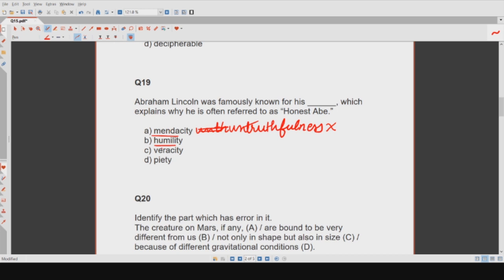So the next option is humility. What does this mean? Humility means the quality of having a modest or low view of one's importance. So this is also a wrong option. Third is veracity, which means conformity to facts or accuracy.